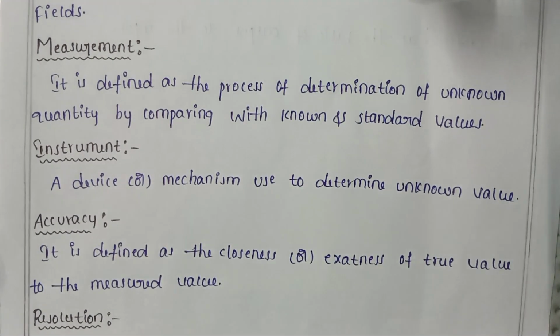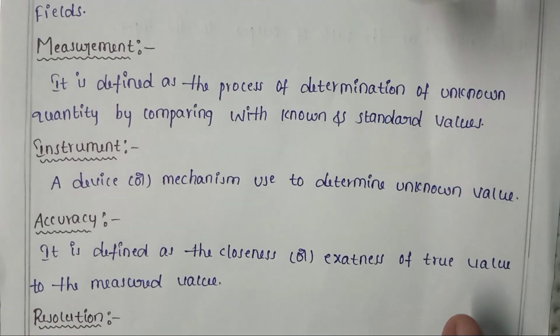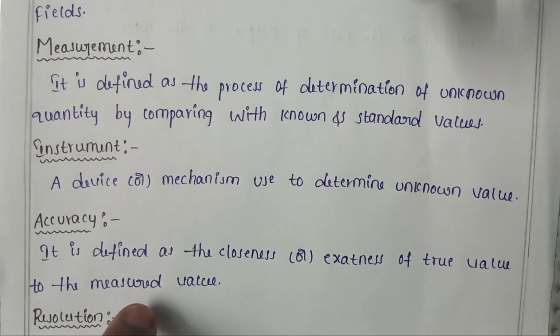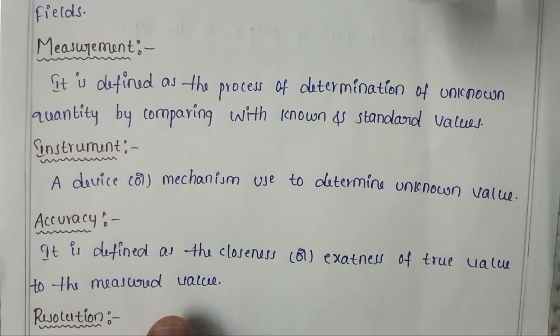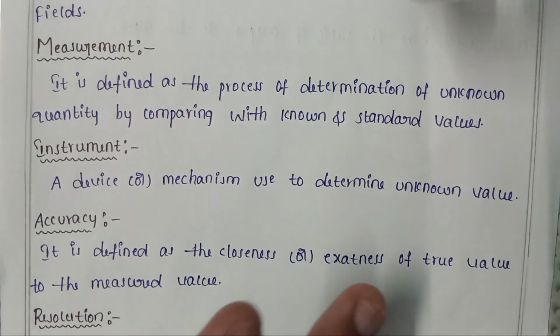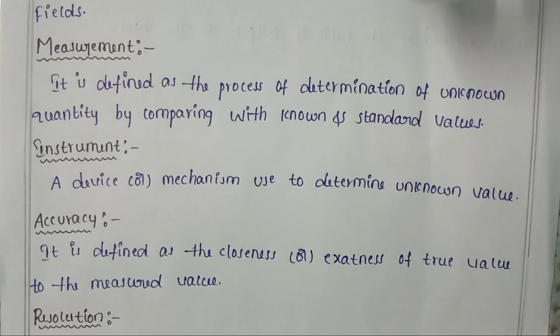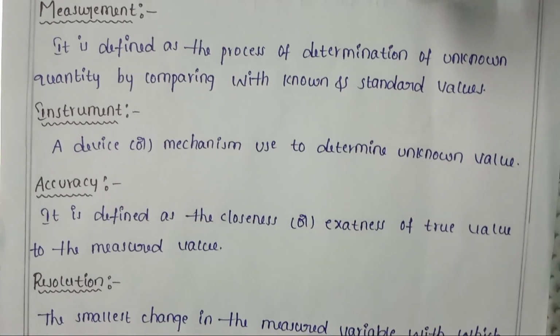That value is called the true value or designed value. And the measured value is the value we get when we perform an experiment. The closeness between these two values is called accuracy. It is defined as the closeness or exactness of the true value to the measured value. That is called accuracy.